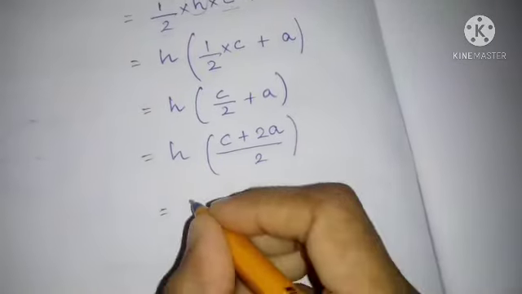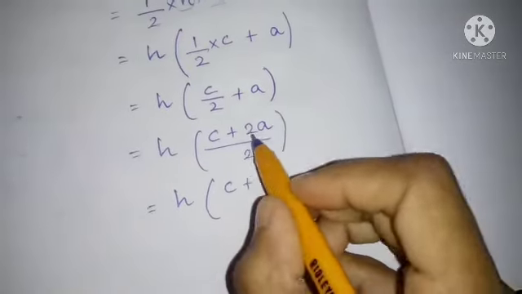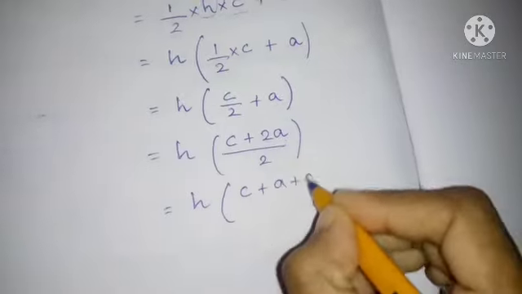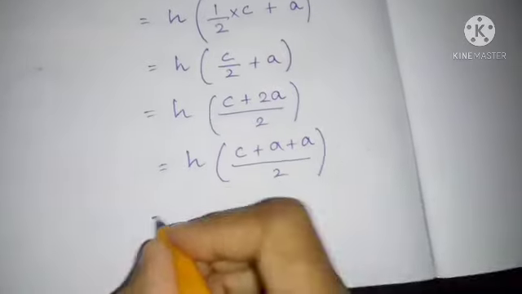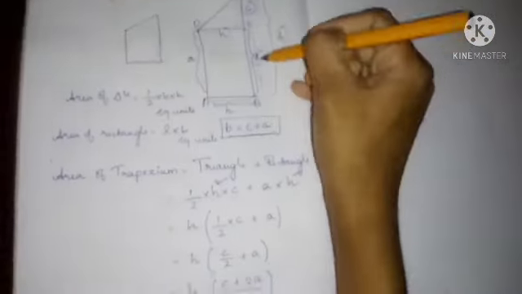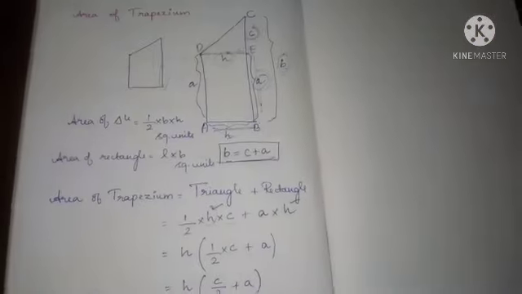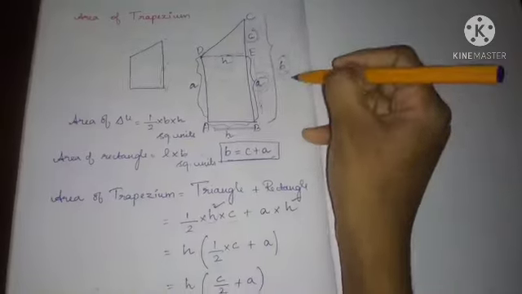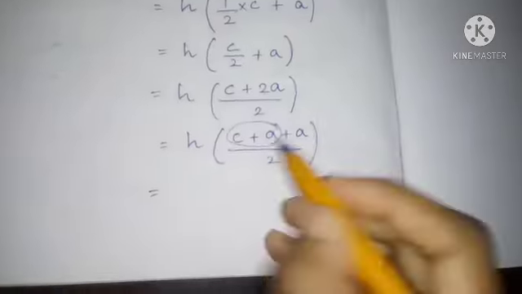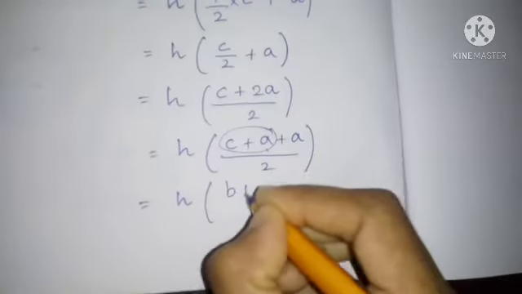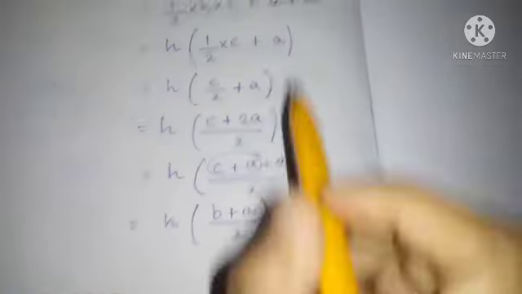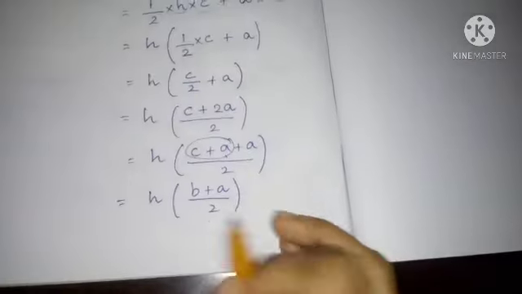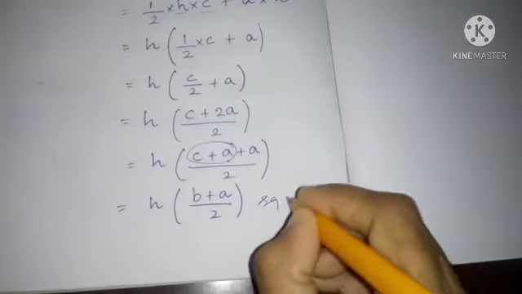Now in H into C plus 2A, what I am writing is A plus A, A plus A can be written as 2A, divided by 2. See, C plus A is nothing but B. Okay, C plus A is nothing but B. So instead of C plus A, what shall I write it as? B. So H into B plus A divided by 2. Instead of C plus A, I have taken it as B. So B plus A by 2, square units.